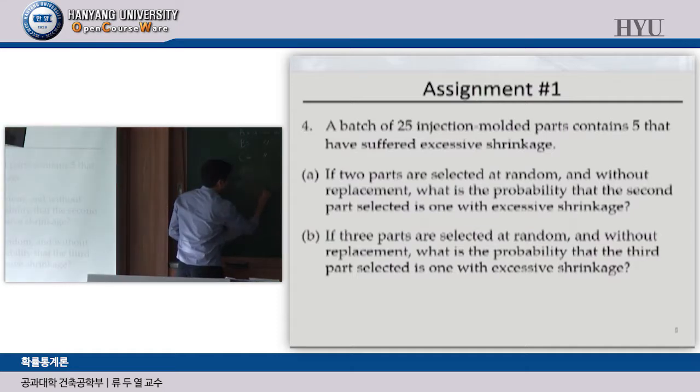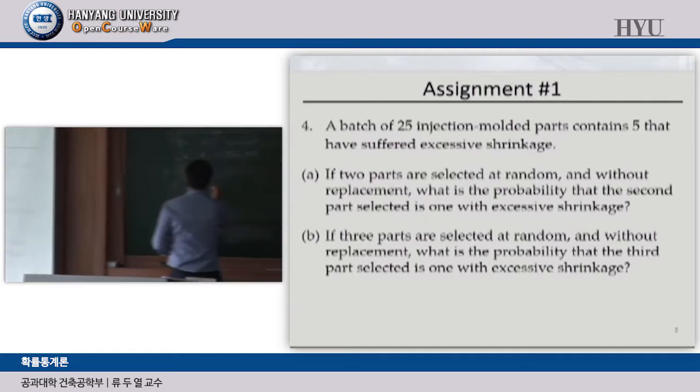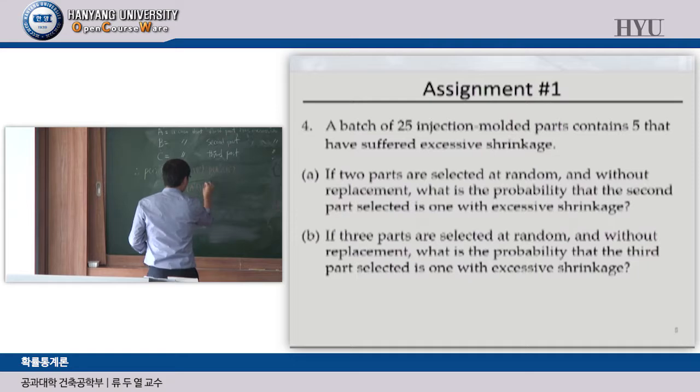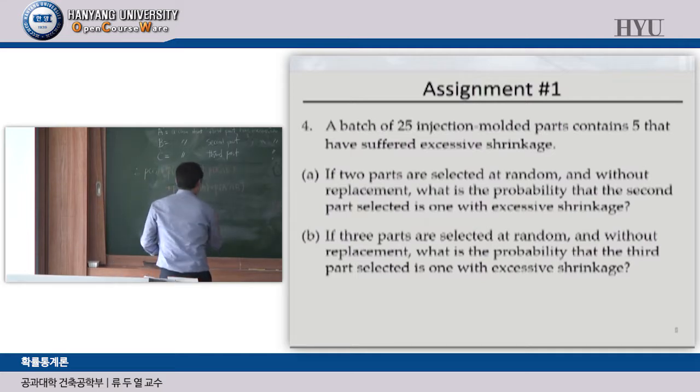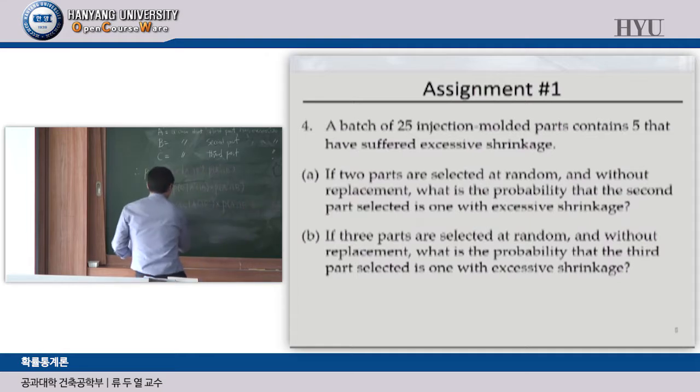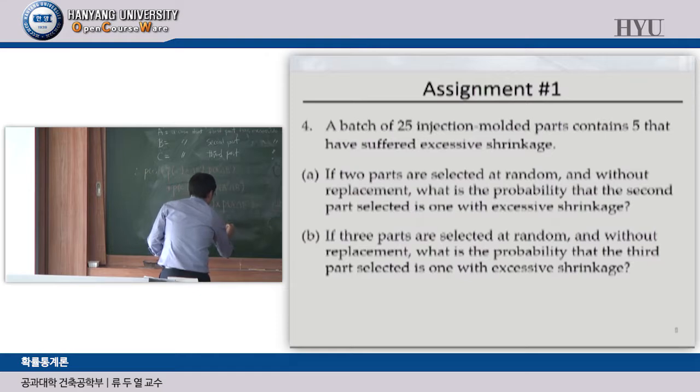Plus the conditional probability of C given A prime intersection B multiplied by the probability of intersection of A prime and B, plus the conditional probability of C given A intersection B prime multiplied by the probability of the intersection of A and B prime, plus the conditional probability of C given A intersection B multiplied by the probability of the intersection of A and B. Okay?